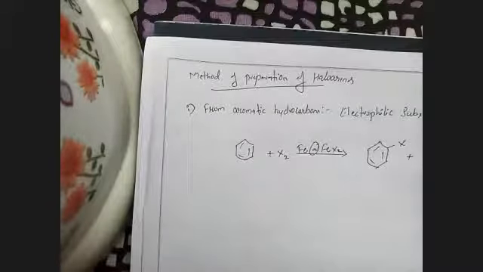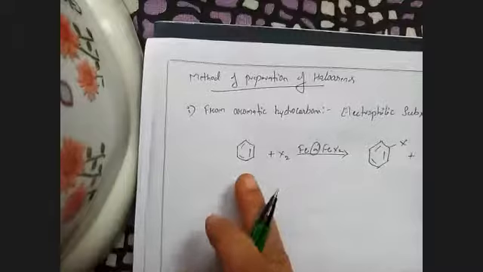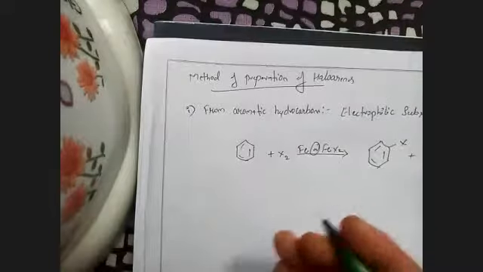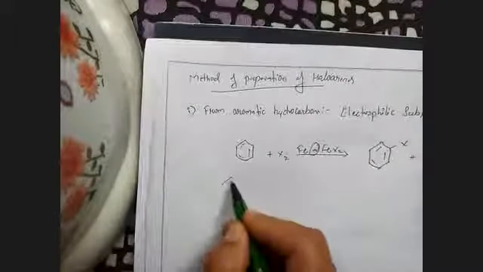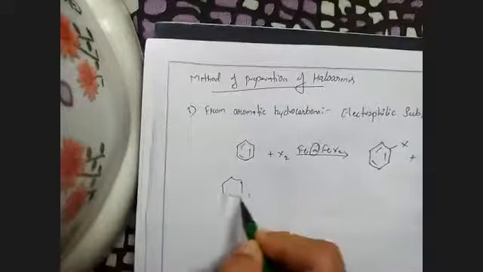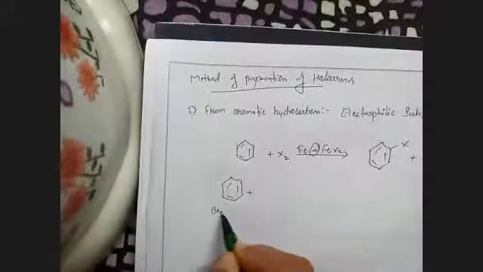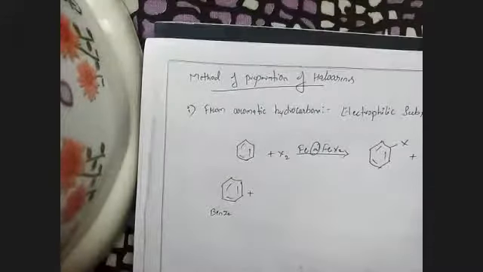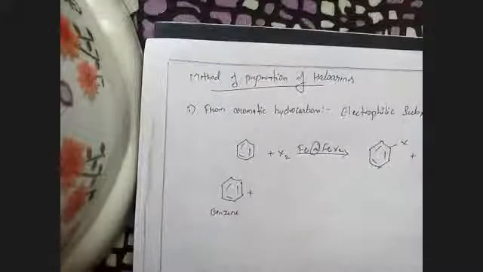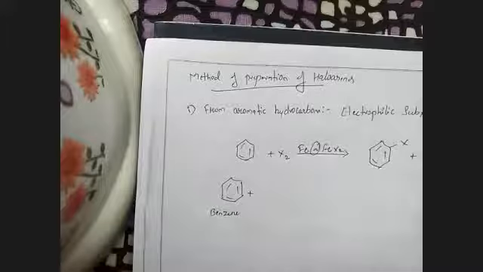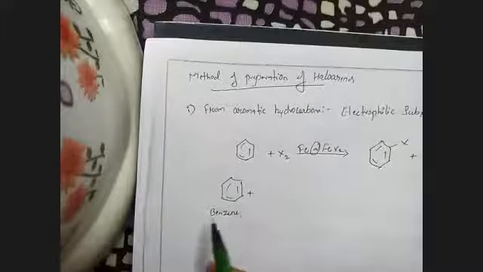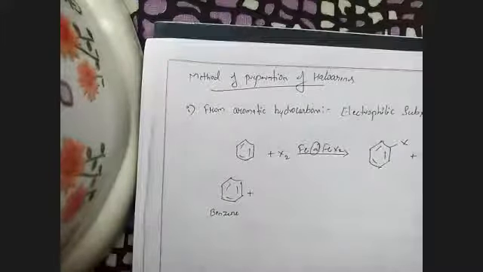Now I'll replace this general formula with the respective halogen. This is benzene. If you need to write the reaction, naming the reactant is compulsory. Without naming a reactant, it's not valid.